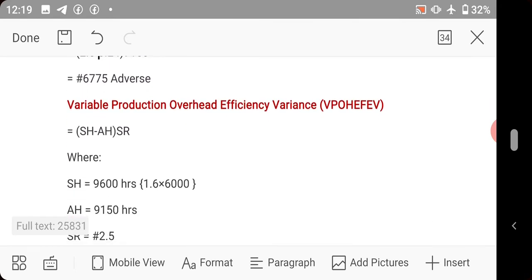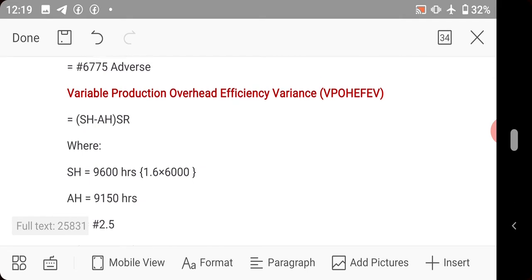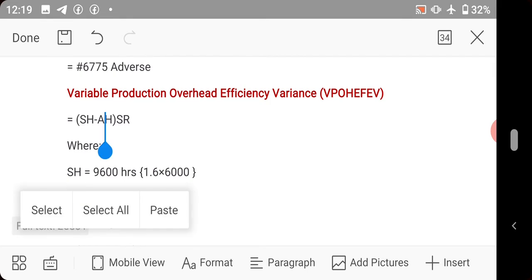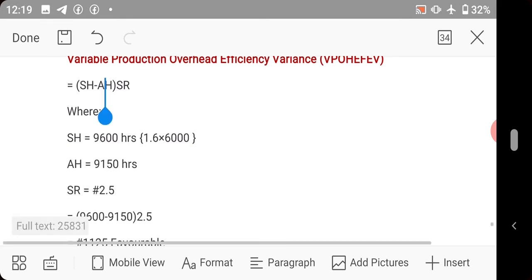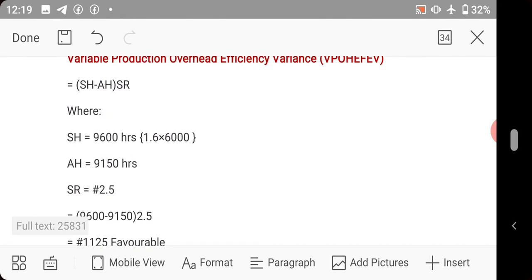So move down to variable production overhead efficiency variance. The formula is standard R minus actual R times standard rate, where standard R is 9,600 hours. Standard hours is 9,600 hours. Why standard? And how was it gotten?